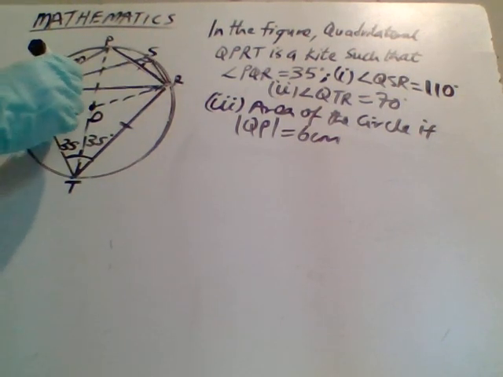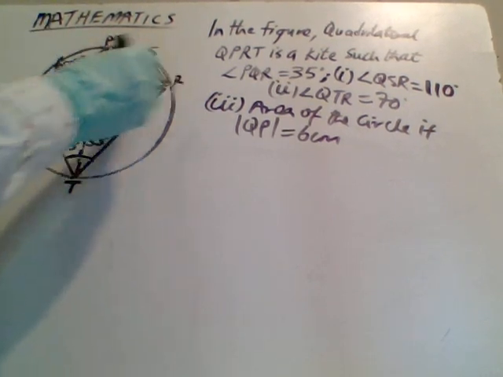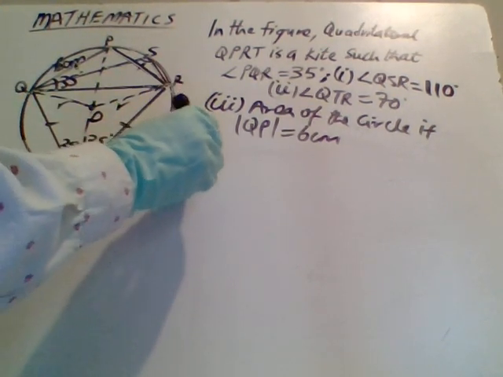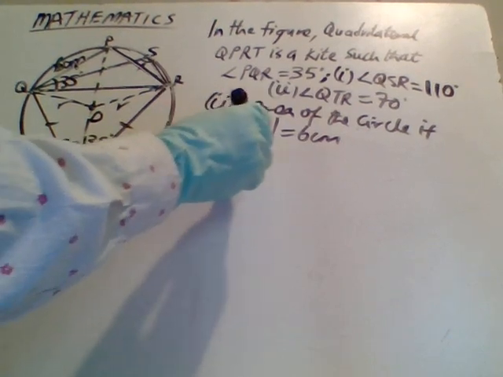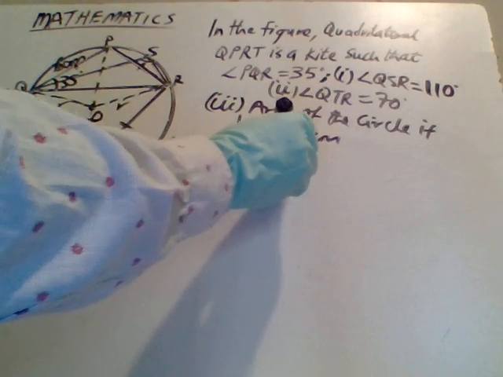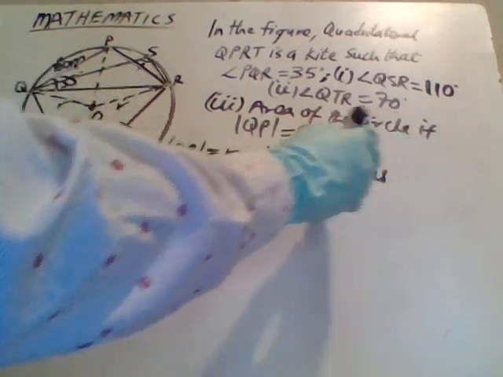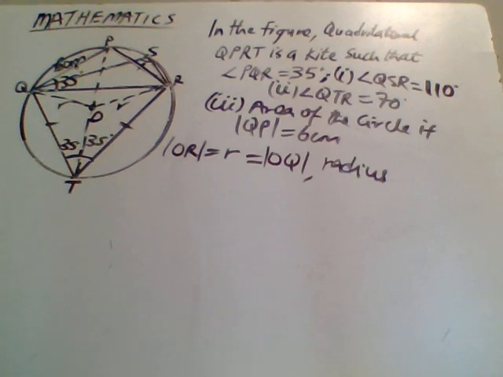I'm using a dash line to join it. That dash line is this length, so that OR is equals to r, and that is equals to OQ. r is the radius of the circle. Now we are through with it.